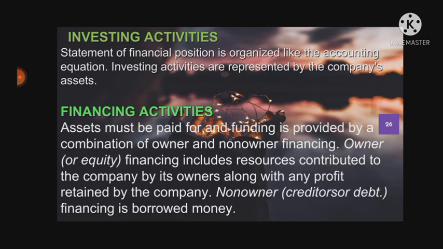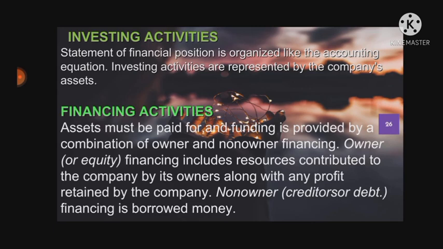Then the financing activities. Assets must be paid for, and funding is provided by a combination of owner and non-owner financing. Owner or equity financing includes resources contributed to the company by its owners, along with any profit retained by the company.